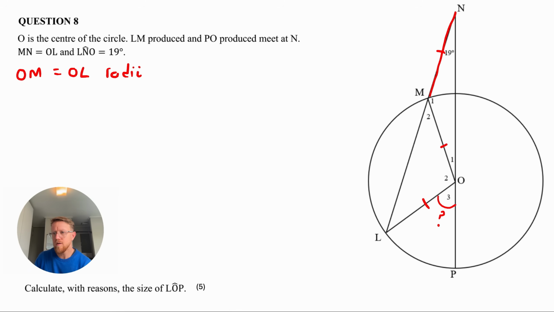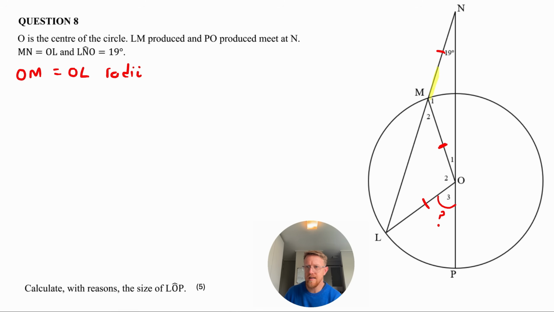So now in this triangle, we've got these two sides that are the same. Let's look at that again. In this triangle, we now know that those two are exactly the same, and so that is an isosceles triangle. So this little corner angle is going to be exactly the same as that little corner angle, just because it's an isosceles triangle.